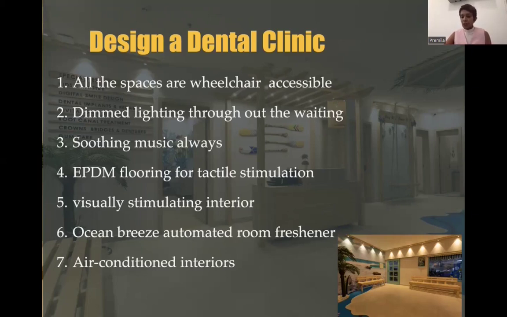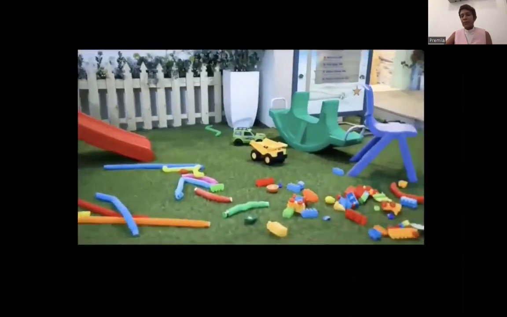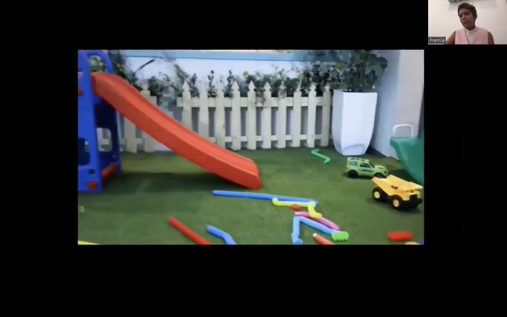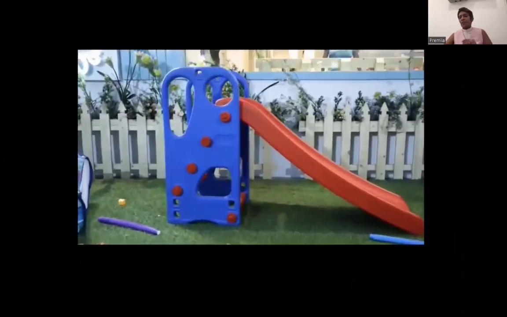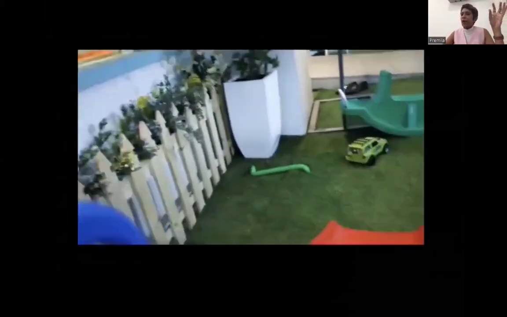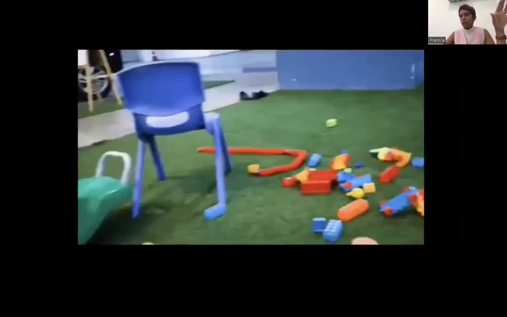One more important thing for a kids' waiting area, what would really help? Games. Simple play therapy. Give them broken toys, give them normal toys, they'll break them and keep going, but they will be engaged.